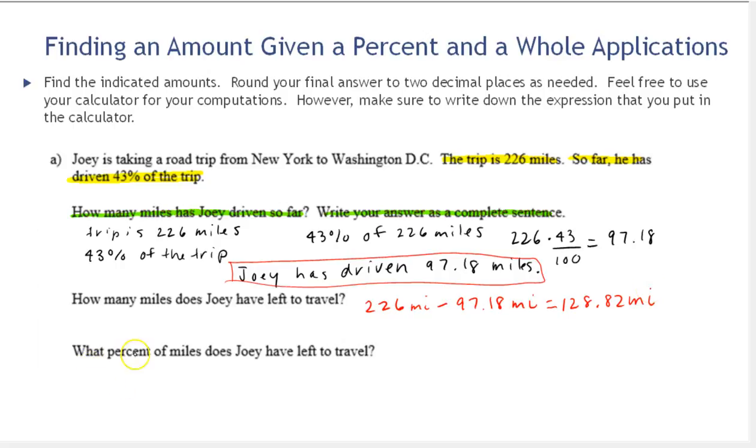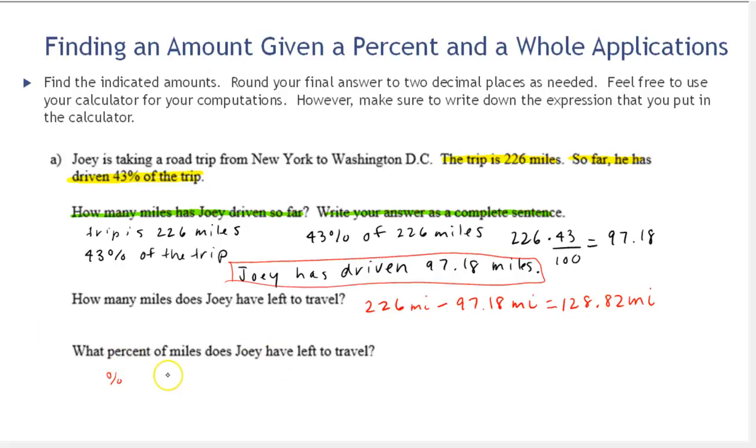Now we're asked, what percent of miles does Joey have left to travel? Okay, so we have two options here, and we're actually going to do both just to verify our result. Well, we know how many miles he has left to travel, so we could find the percent.